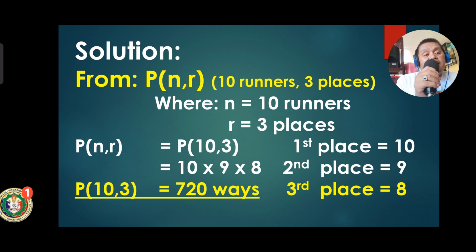So multiplying 10 by 9 and by 8, we have the permutation of 10 runners taken 3 places at a time in that race. So there are 720 arrangements or ways that would be produced.